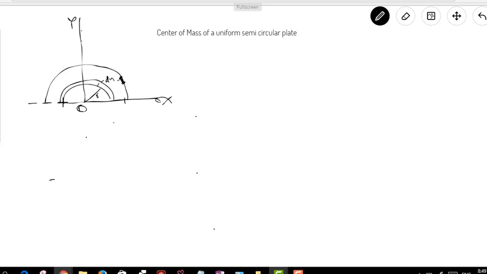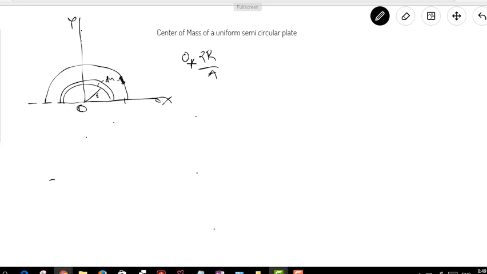So the thing that we can do is replace this. We can consider this as a circular wire, because this is of very small width. We know from the previous scenario that the center of mass of a uniform circular wire was 0, 2r by pi, which means that its center of mass was 2r by pi from the y-axis.